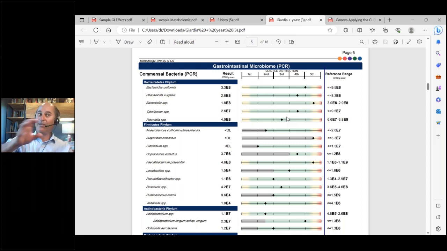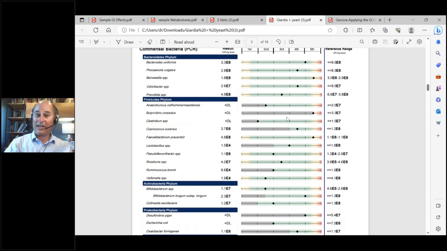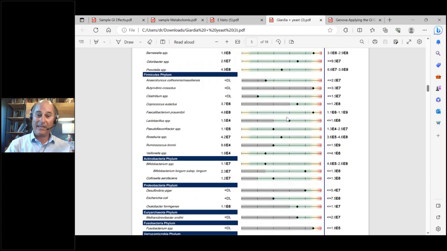Where does it start? Fiber and polyphenols, right? And then, of course, you want to fix the organs and get rid of the infections as well. But this is really going to come down to lifestyle and what people are eating. And in the short term, I always use prebiotics, probiotics, and butyrate just to get that patient better. But we want eventually for their own body to be taking that over and doing that on their own.